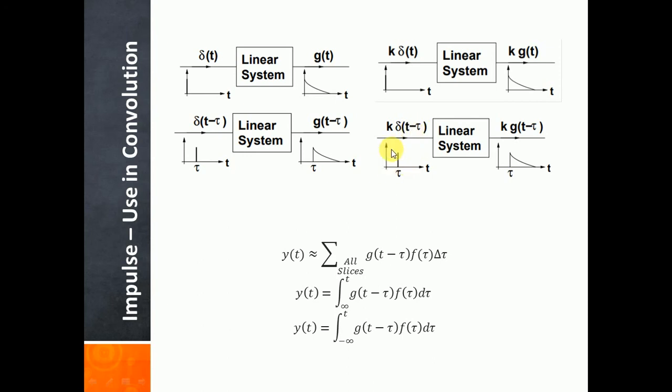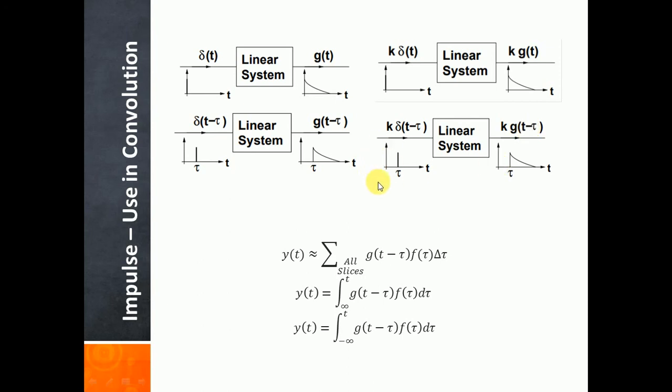For an LTI system, changing the magnitude by k changes the output by the same magnitude k, so it is linear, and deferring the signal by tau defers the output by the same amount.